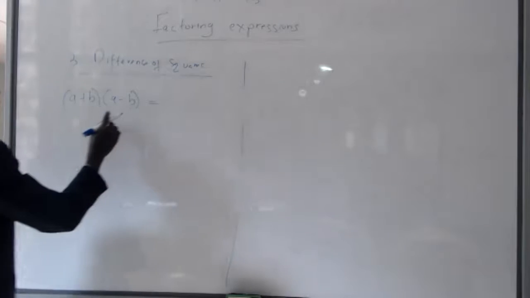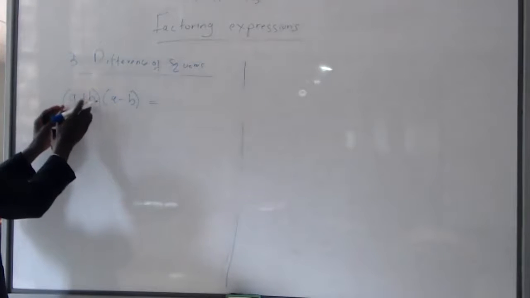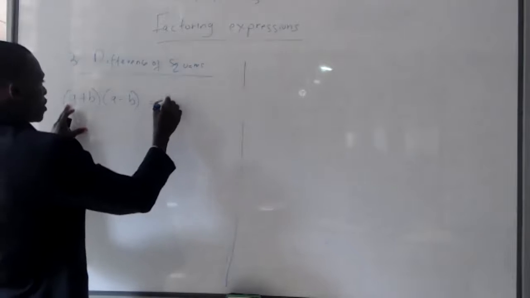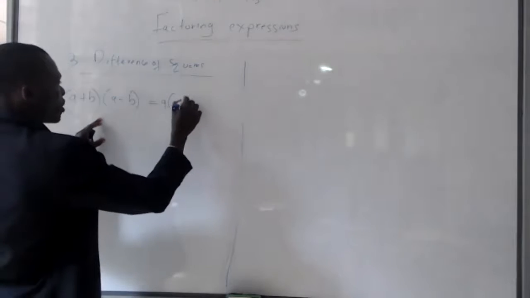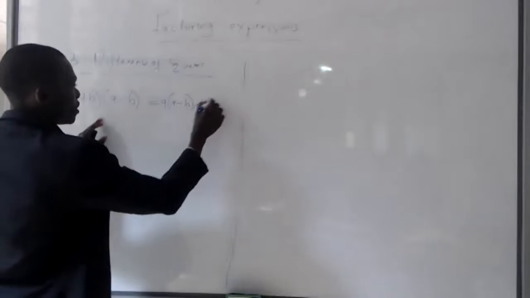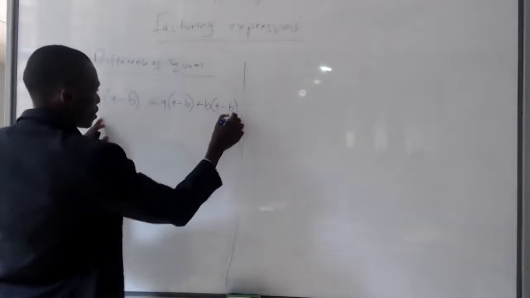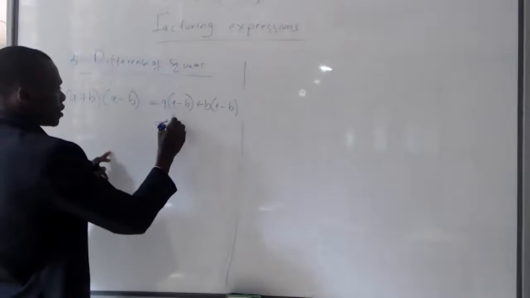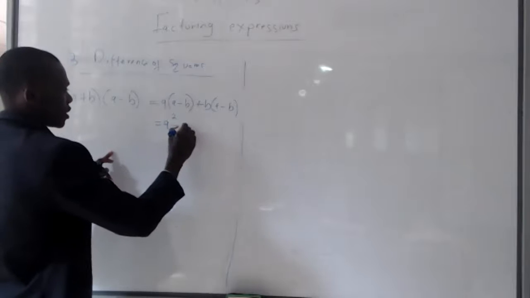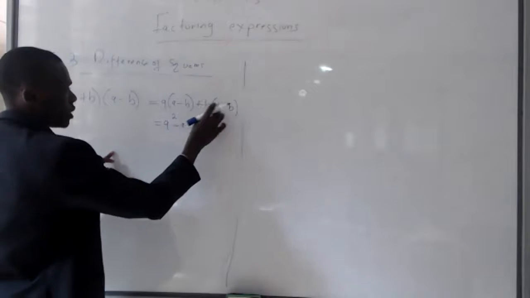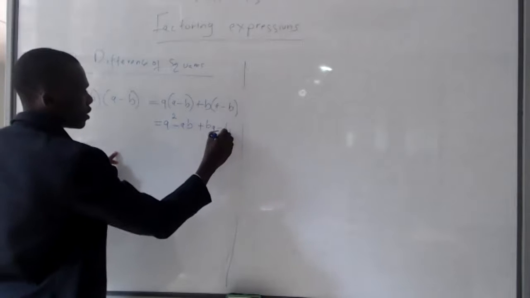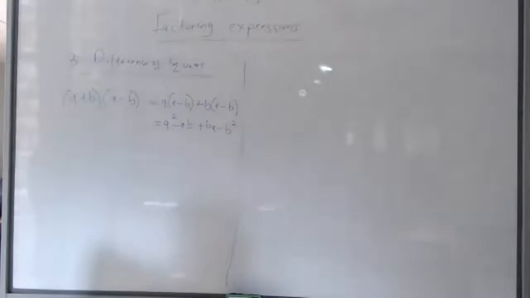Well, we said that you just take all the components of the first bracket, which is a and plus b, and use each of them to multiply the second bracket, a minus b. Then do your expansion. A times a, that's a squared. A times b, that's ab. B times a, that's ba. B times b, that is b squared.